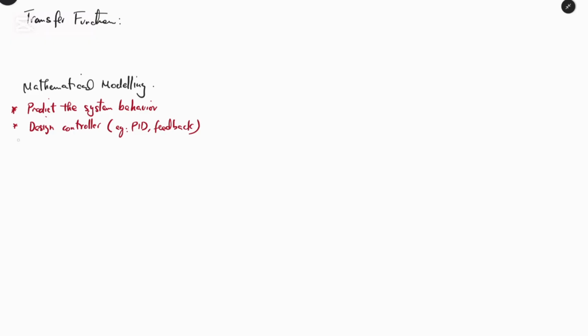So a mathematical model helps us to develop the idea such that we can perform a simulation of a system performance before we can actually build the system.